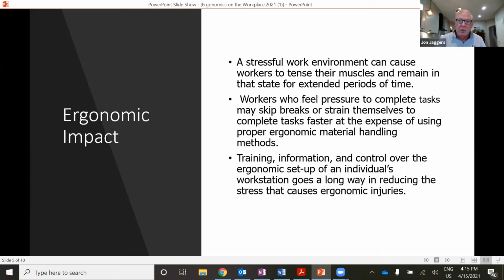So what we did was put in conveyors at the same level as the bin, and they just slid it over, and then it took it away from there. That was a big part of taking away that stress.